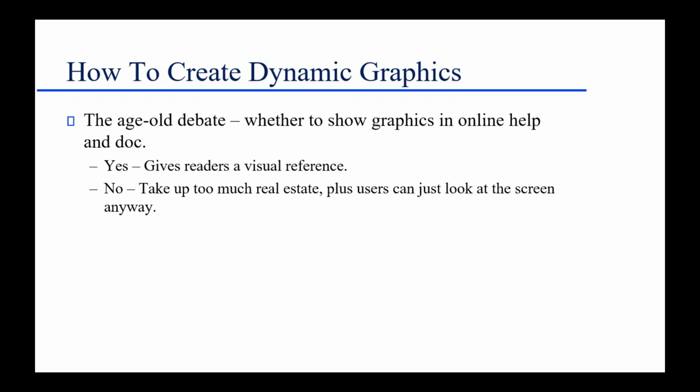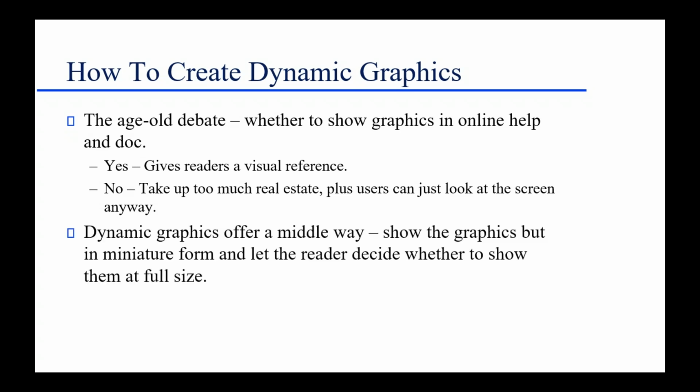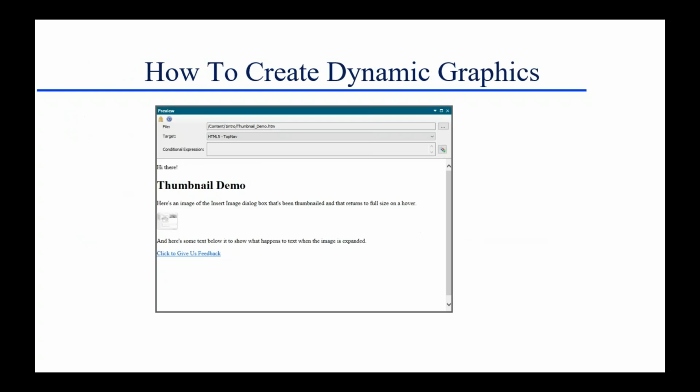It's like visual hand-holding. But what dynamic graphics do is they give us a midground. They let us show the graphic in a miniaturized form and then let the reader decide whether to see the graphic at full size. So here's an example.